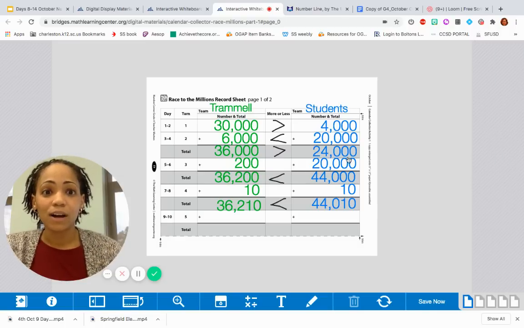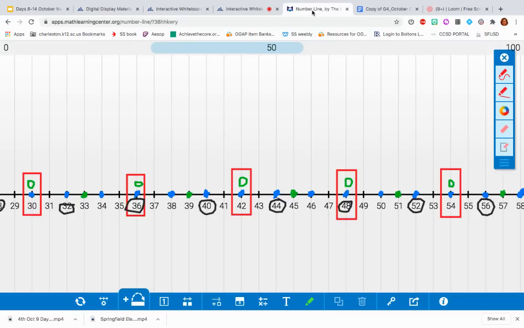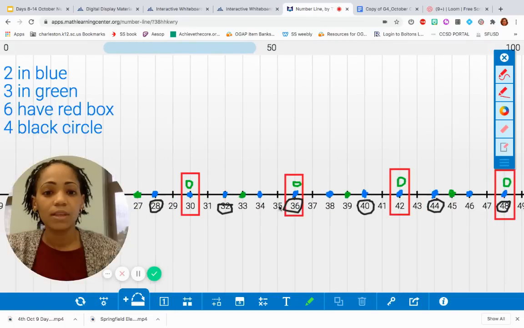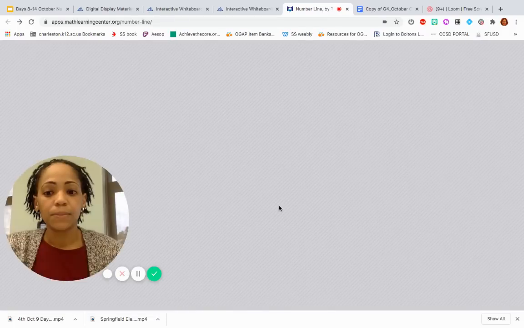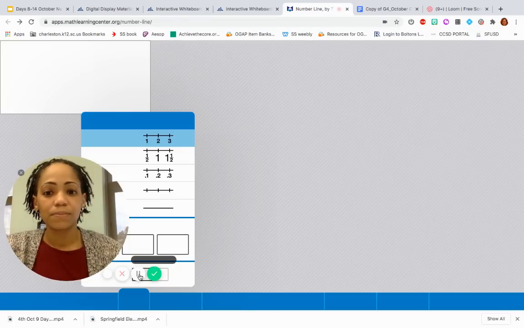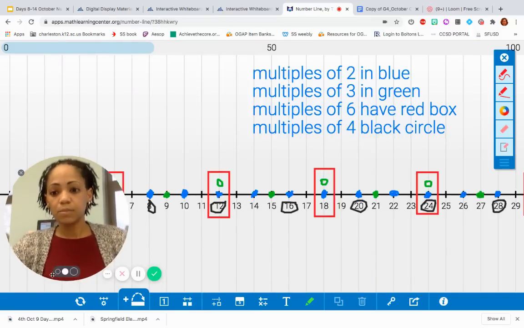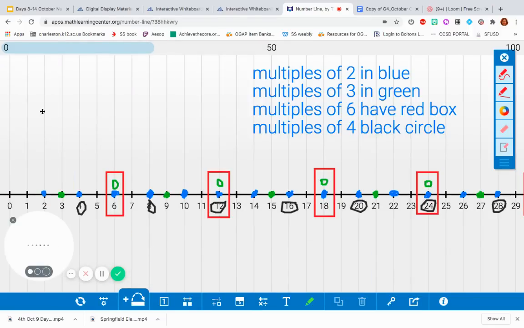All right, now we're going to talk about multiples. Let's look at our number line. You may remember this number line from last time. Okay, so take a moment and look at our number line.